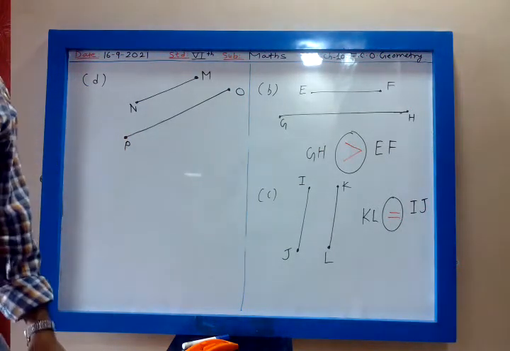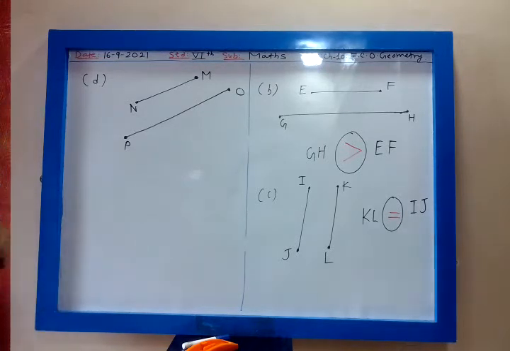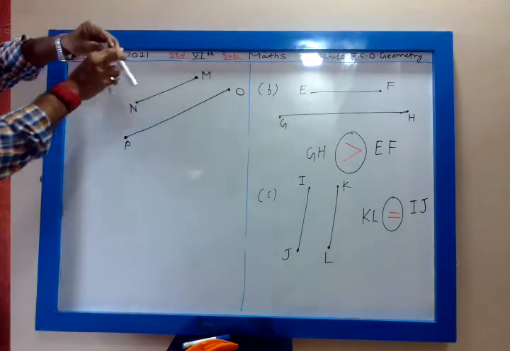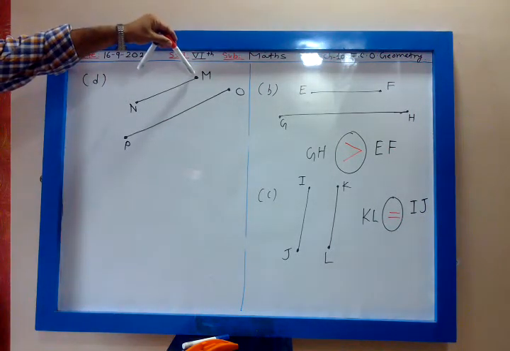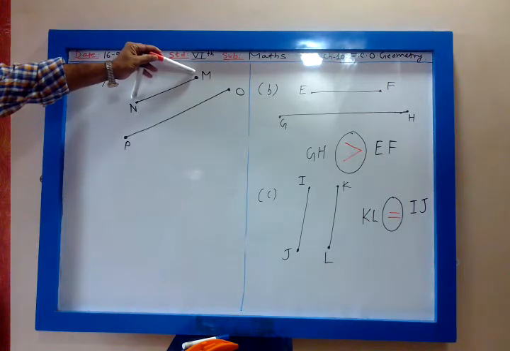No, no, no, no. Divider you don't have to draw. I just drew the diagram of the divider so that you should come to know what the divider is. So MN, you will keep the tip at this point. You will keep one tip of the divider at this point, other at this point. This is my length MN.